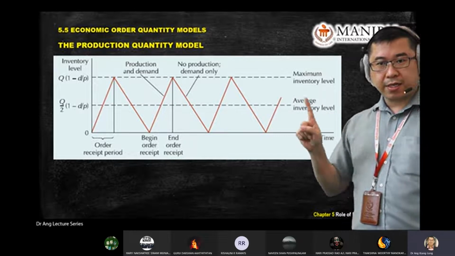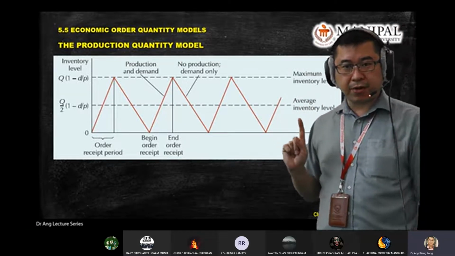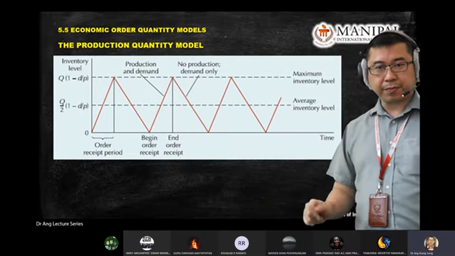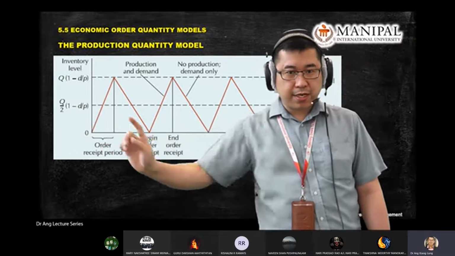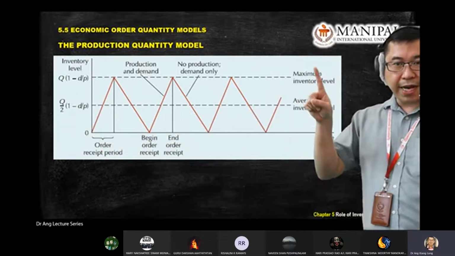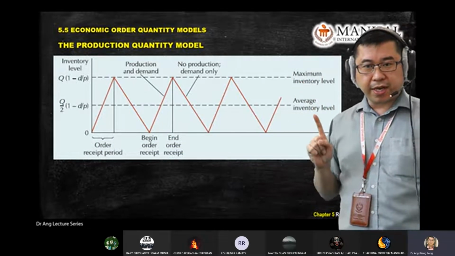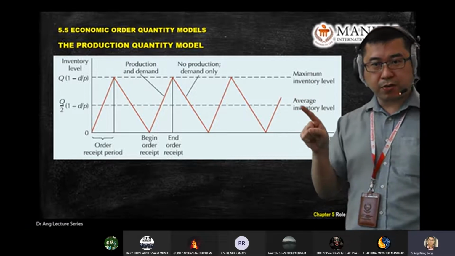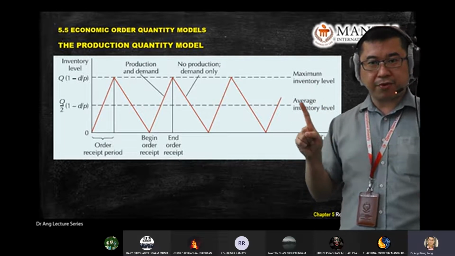It will help you do some calculation or analysis, especially for the production quantity model. The formula is this one. Average means you divide by half. Once you calculate the maximum inventory level, you divide by half and you get this line.